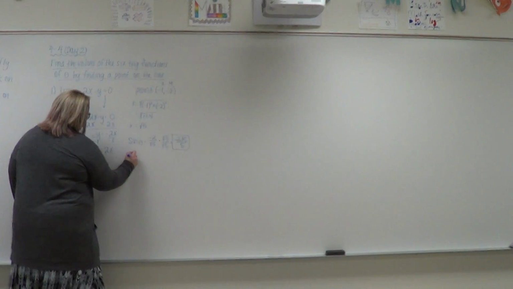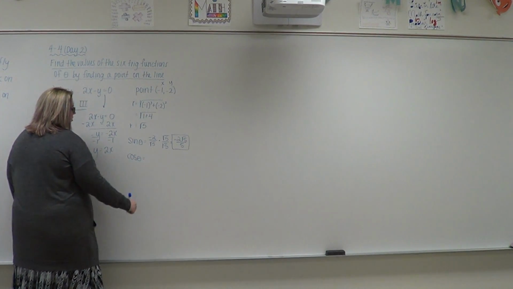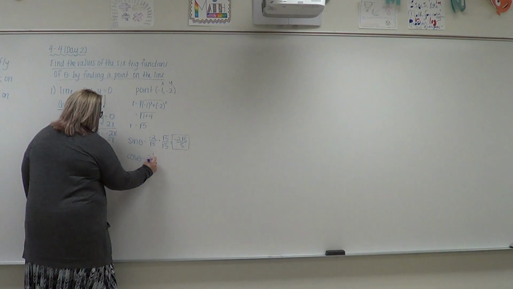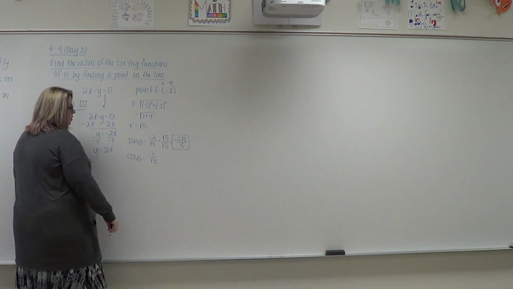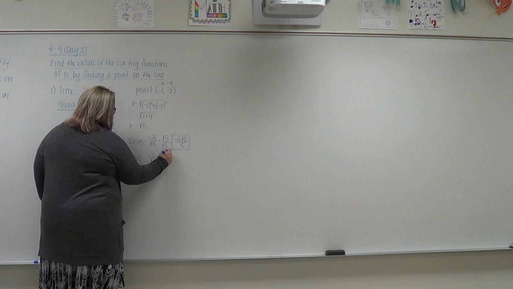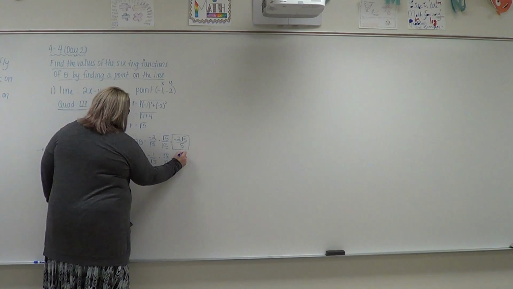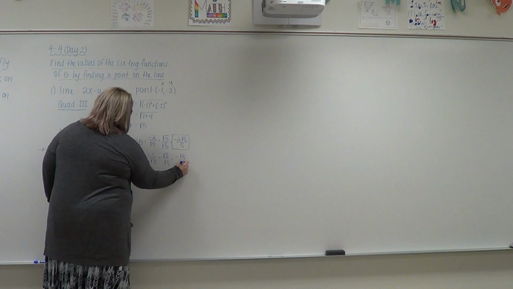Okay, then cosine, that's x over r. So that'd be -1 over square root of 5. Same thing, can't leave that as your answer, so we're going to rationalize it. So we're going to multiply by square root of 5. So this would be -square root of 5 over 5.